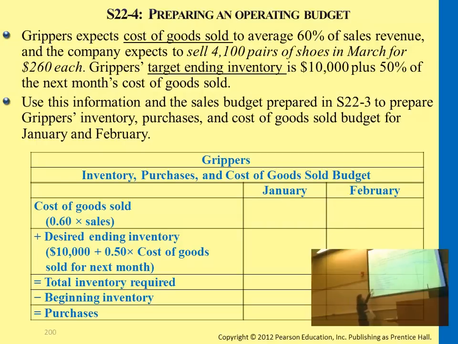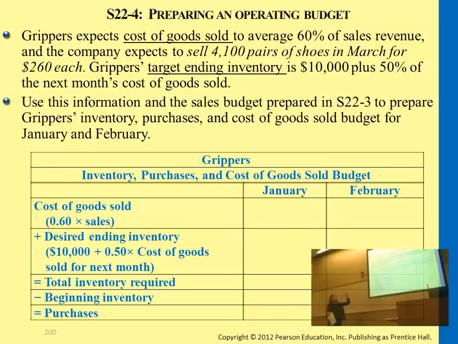On the second line, the ending inventory policy is that the company wants at least $10,000 worth of inventory, plus half of next month's budgeted cost of goods sold. Now you total that up and subtract last month's ending inventory, which is this month's beginning inventory, to find the level of purchases you need to make in each and every month.